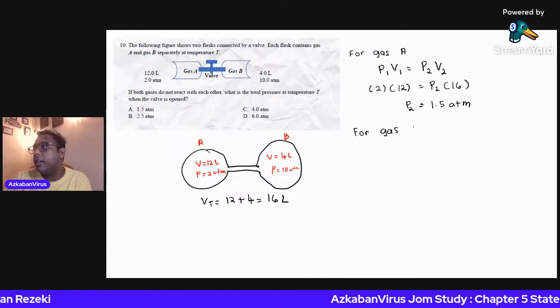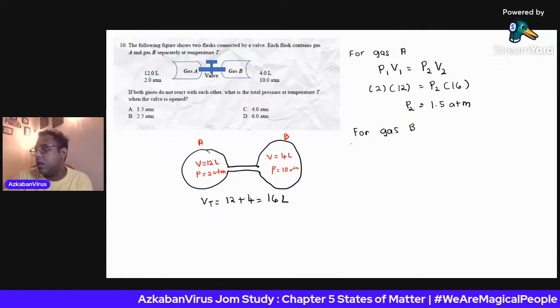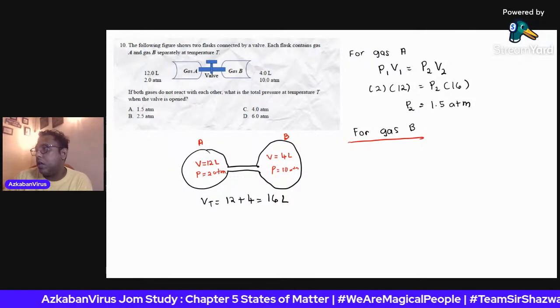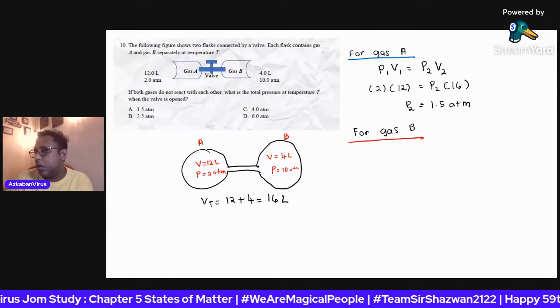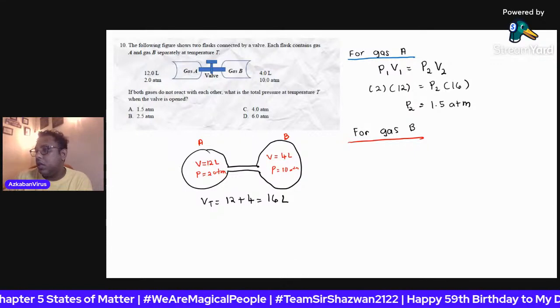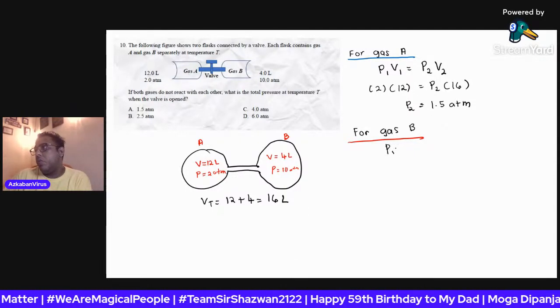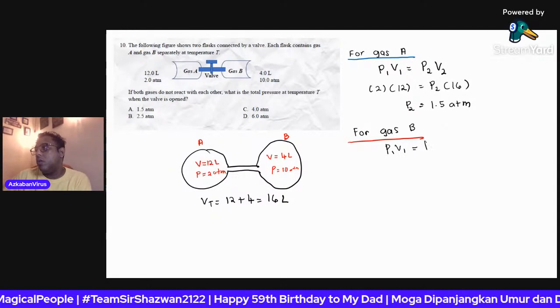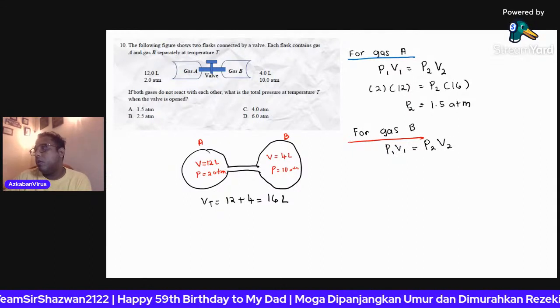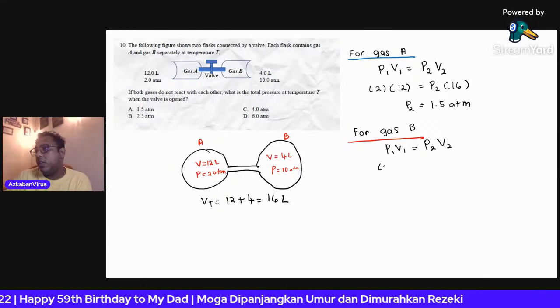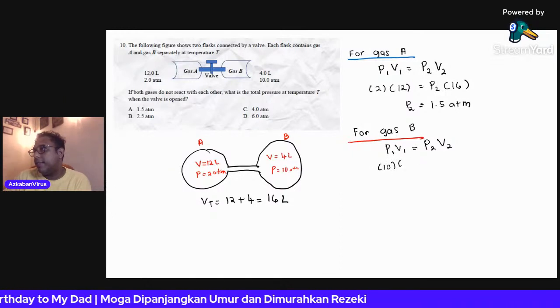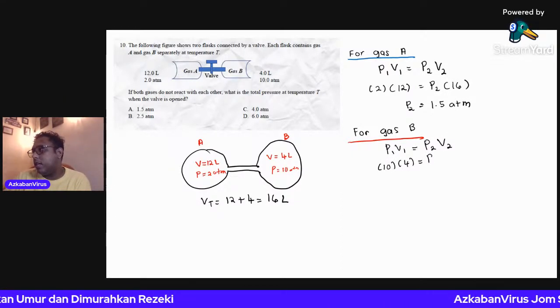Kita kira pula untuk gas B. Soalan ni senang ya. P1 V1 is equal to P2 V2. Ni adalah 10 atm, asalnya 4 liter, is equal to P2 kita nak cari, V2 kita adalah 16.